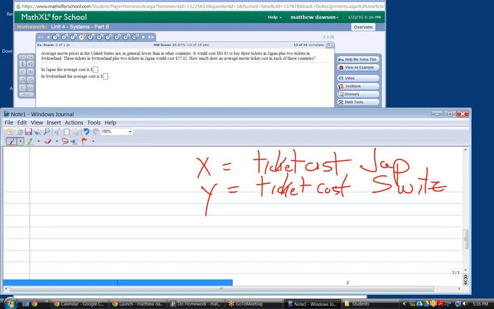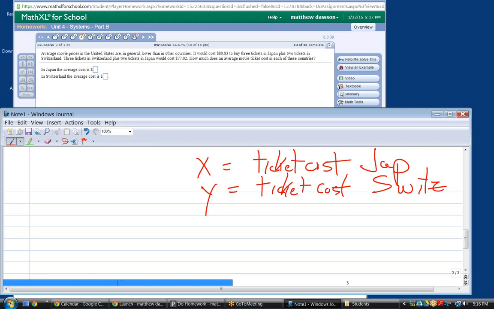Certainly until you get more adept at these type problems, I would suggest spelling it all out. Since we're talking systems of equations, we're almost certainly going to end up with 2 equations with these 2 variables. Then we can use whatever method we want to solve for them.